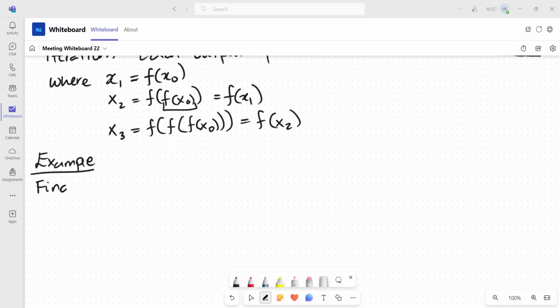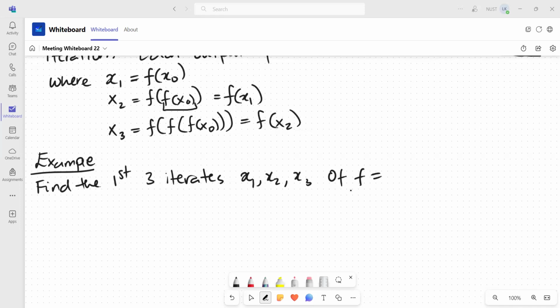Says find the first 3 iterates. We have x1, x2, and x3 of this function.